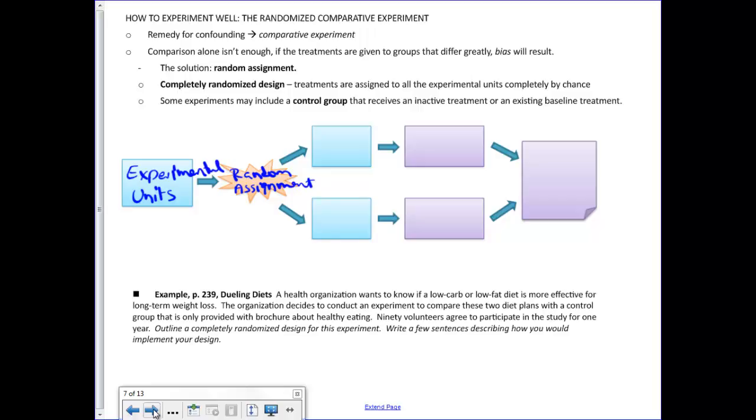We want to randomly assign them into 2 groups, or 3 groups, or however many groups you have. So that gives us group 1 and group 2. You apply your treatments. And last but not least, we compare results.